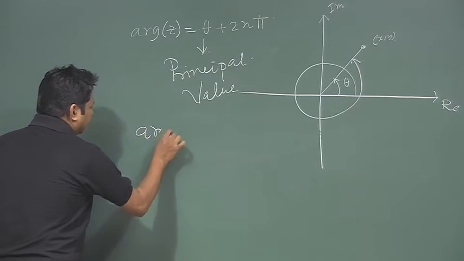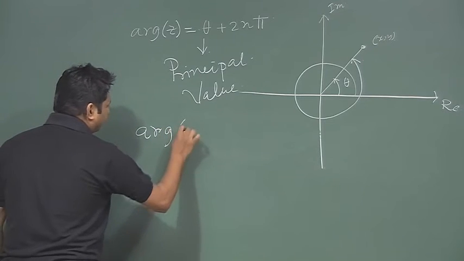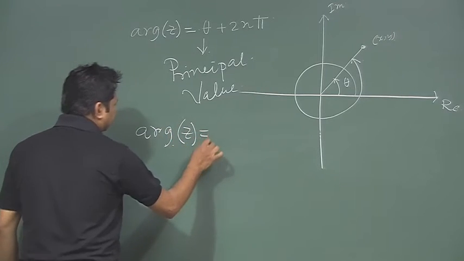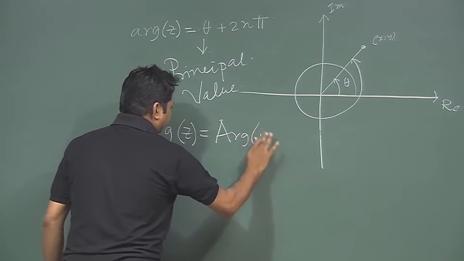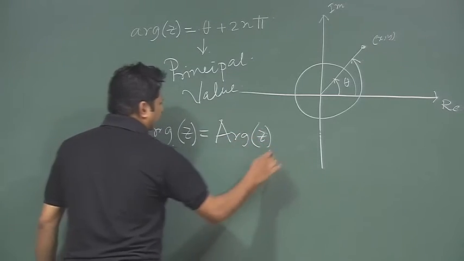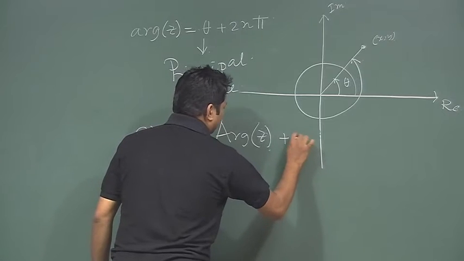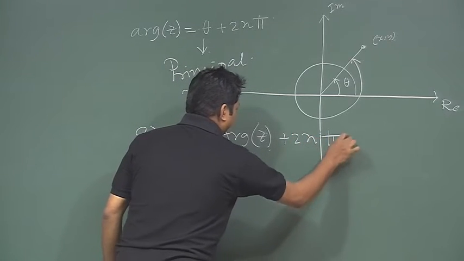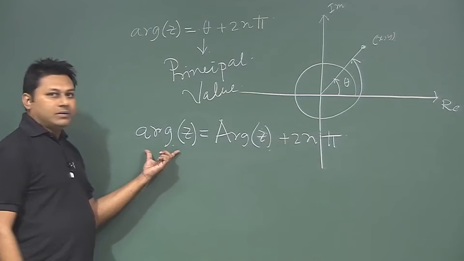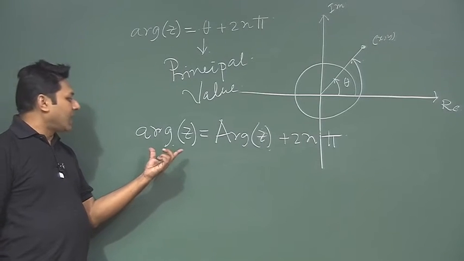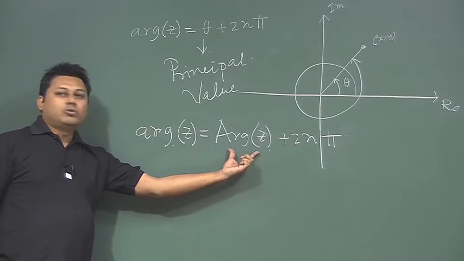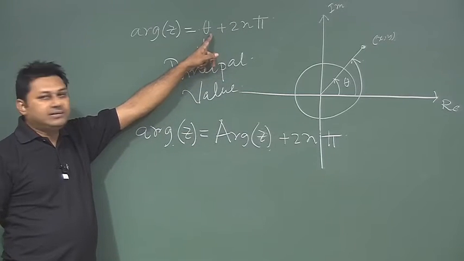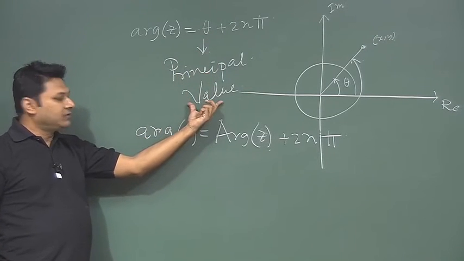Normally it is represented as argument of z plus 2 n pi. This is the argument of z in general, where 2 n pi is added, but the big Argument of z is associated with this theta, which we call the principal value.